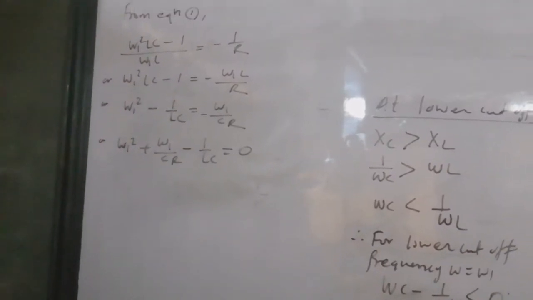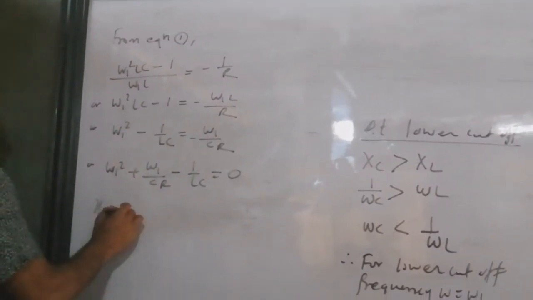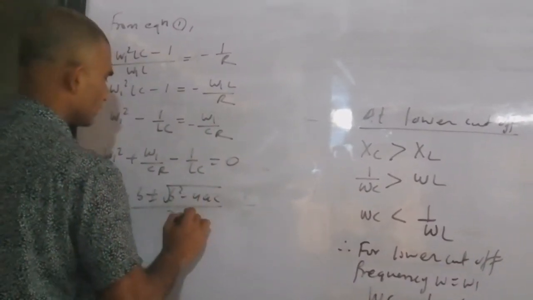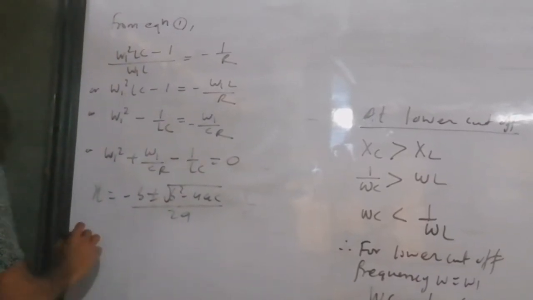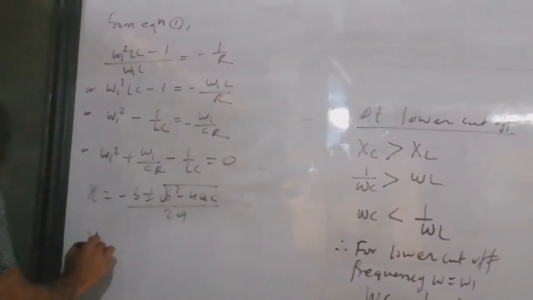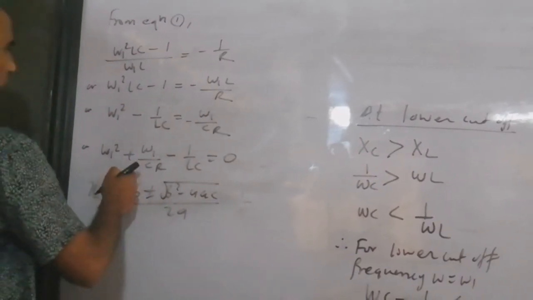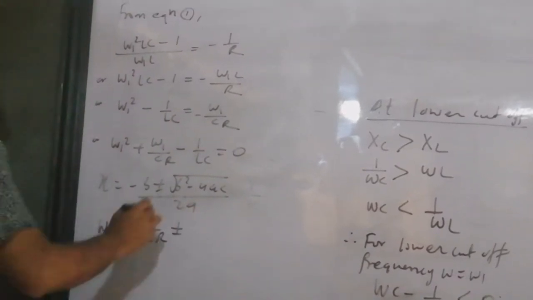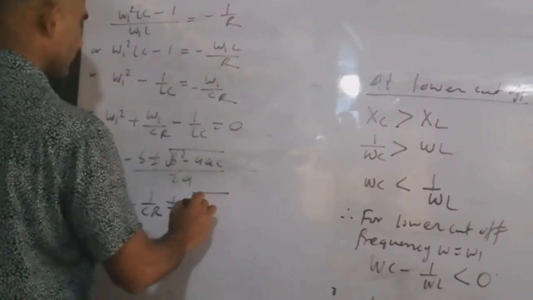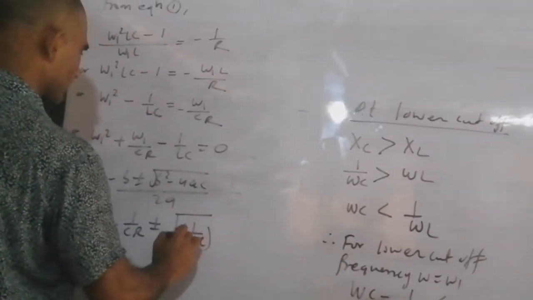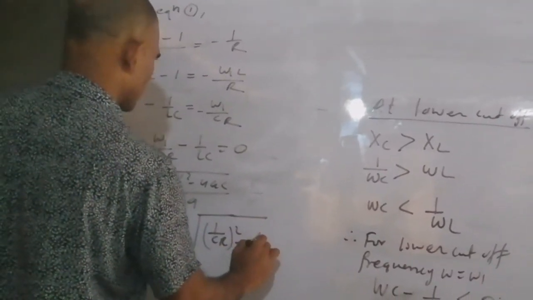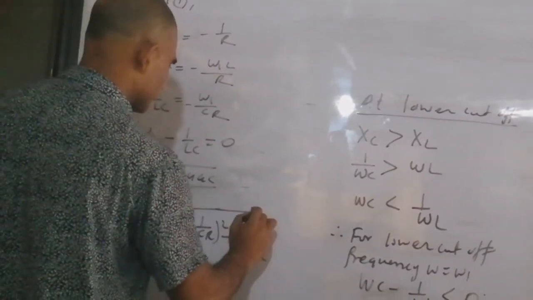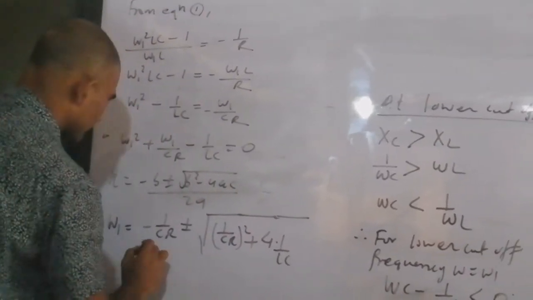Of course, this is a quadratic equation, and the formula of a quadratic equation is minus b plus or minus the root of b squared minus 4ac, divided by 2a. So I will use this formula here. Omega 1 equals minus b, so minus 1 upon CR, plus or minus the root of b squared, which is 1 by CR whole squared, minus 4ac, where a is 1 and c is minus 1 by LC, so plus 1 upon LC, divided by 2a.